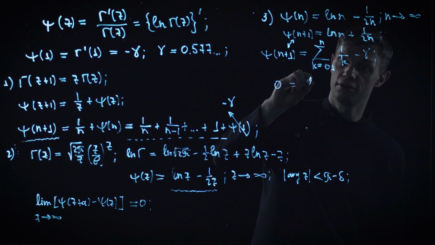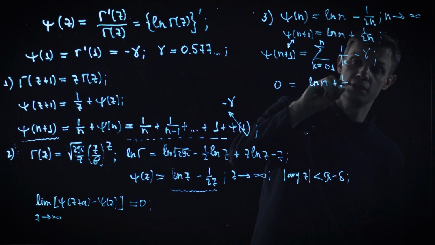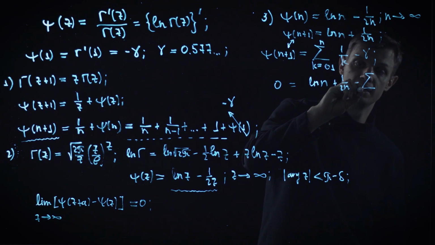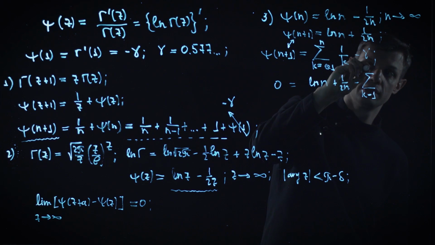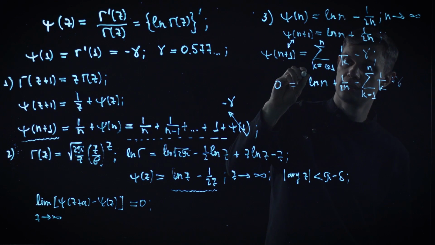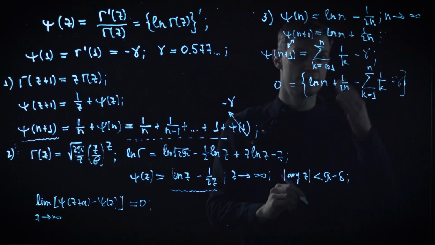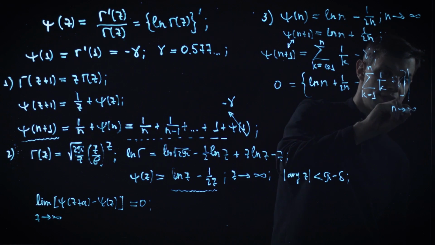So, and here we go. It's logarithm of n plus 1 over 2n minus the sum from 1 to n of 1 over k plus gamma, which tends to 0 as n tends to infinity.